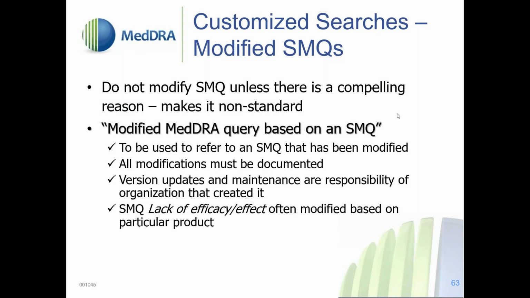Usually you should not modify an SMQ because we want to have this standard intact, but there are sometimes good reasons to do so. If you do it, it means you do not have a standard SMQ anymore. And you need to clearly indicate that by adding, for example, modified MedDRA query based on an SMQ to the name.